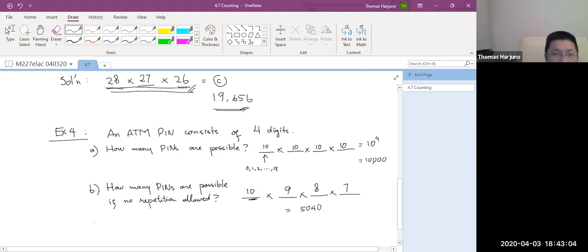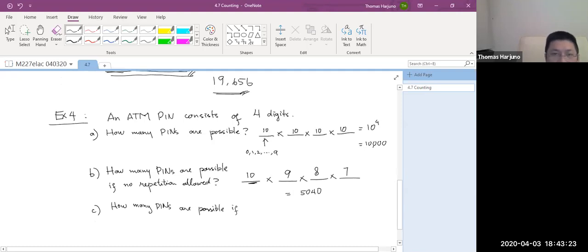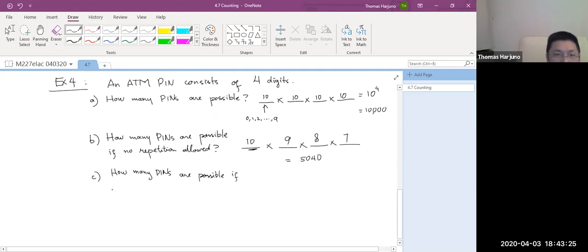Now, let's go on even further. Suppose I ask how many pins are possible if no repetition and the last digit is odd.